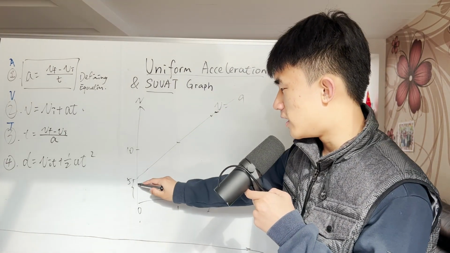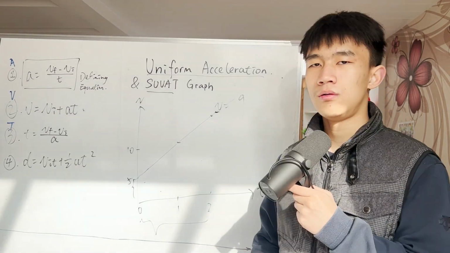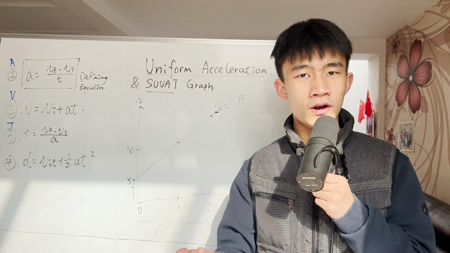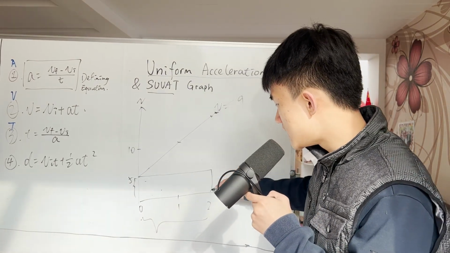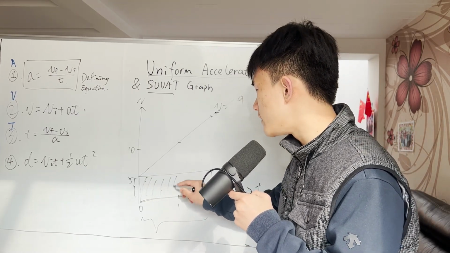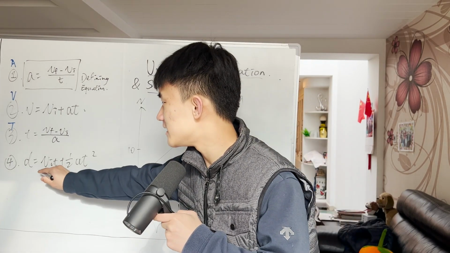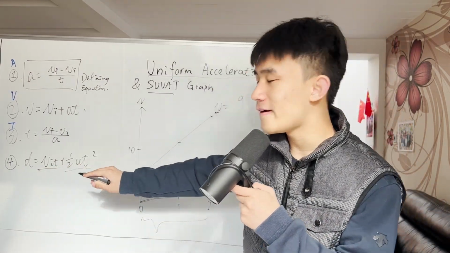My initial velocity is 5, the time I've traveled is 2 seconds. What's the initial velocity times time? It's just this rectangular area. So this rectangular area is v_i t.